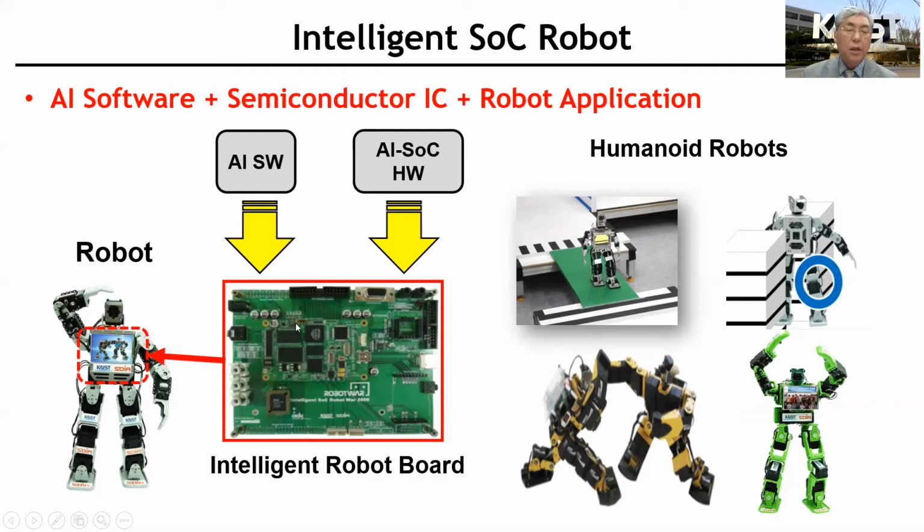And the SoCs are integrated on a board, and it contains the AI software to provide robot application to the robot body. And the robot body usually takes the form of the humanoid, and it performs the mission or the combat to each other.